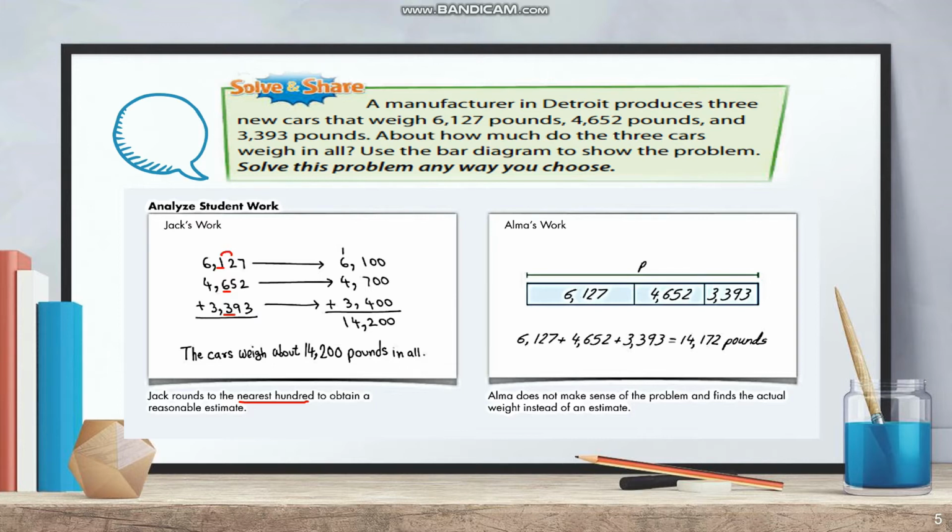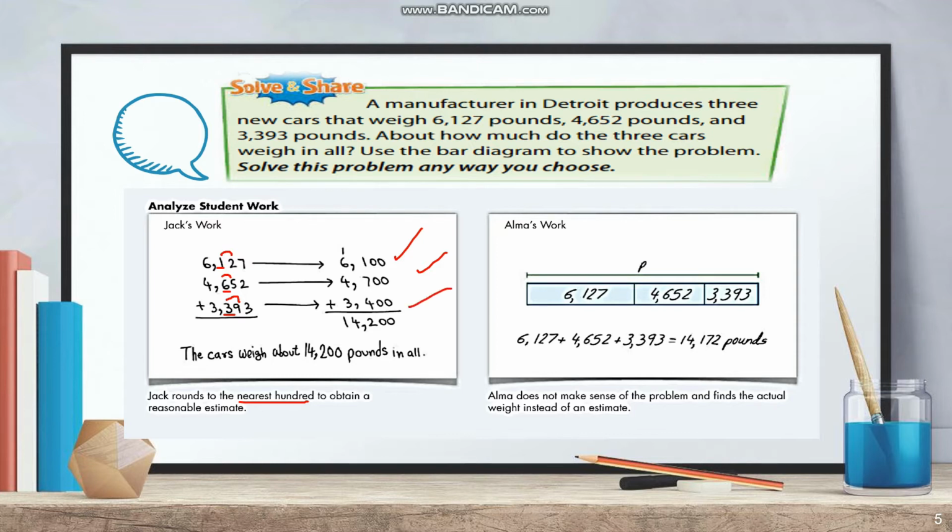So if it is followed by less than 5, we don't need to add 1 to the number that you are rounding. So this becomes 6,100. And 6 is followed by 5, so 6 becomes 7, so the answer is 4,700. 3 is followed by 9, so 3 becomes 4, so that is 3,400.